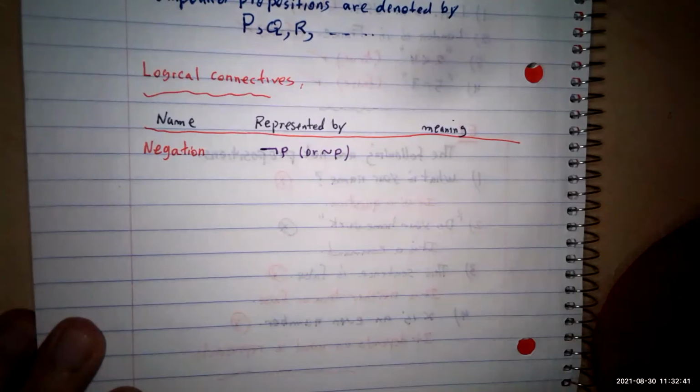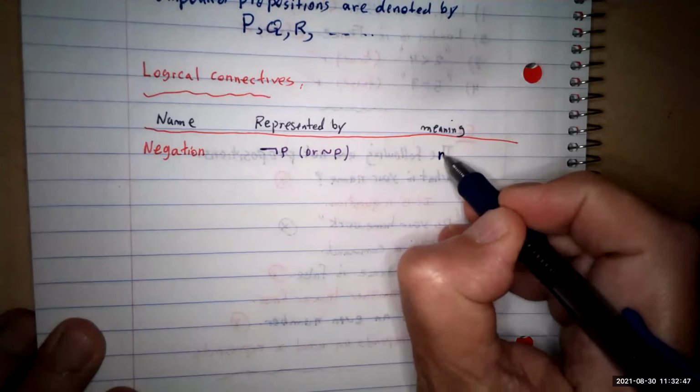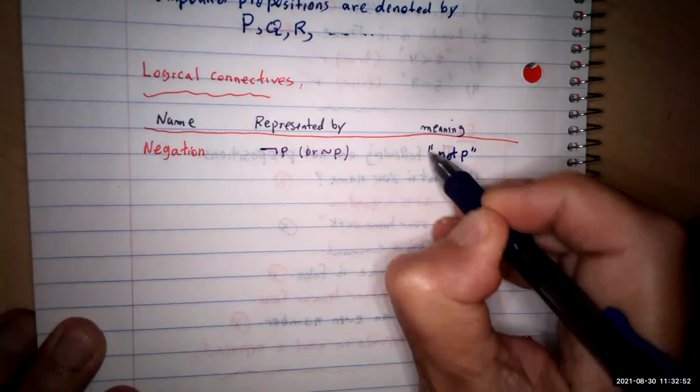If you want to call it, you call it not P. So we can say the negation of P, or simply not P. This is going to be the first one.